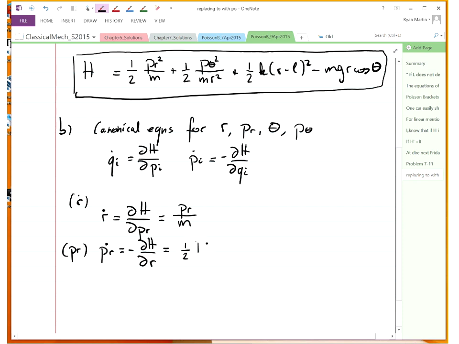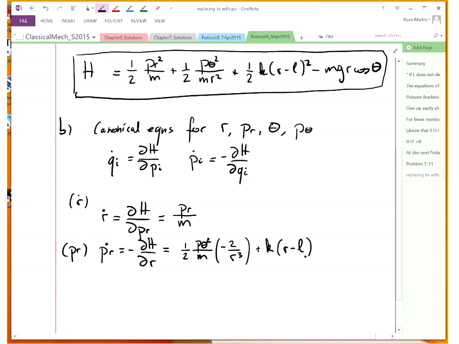So the half P theta squared over M doesn't depend on R. Let's take that out. And then I have d/dR of 1 over R squared. So that's going to give me minus 2 over R cubed. Then I have to do ∂/∂R of half K (R minus L) squared. So if I apply the chain rule, I bring down the 2.